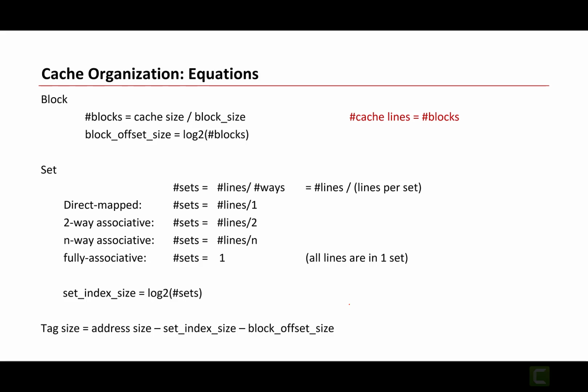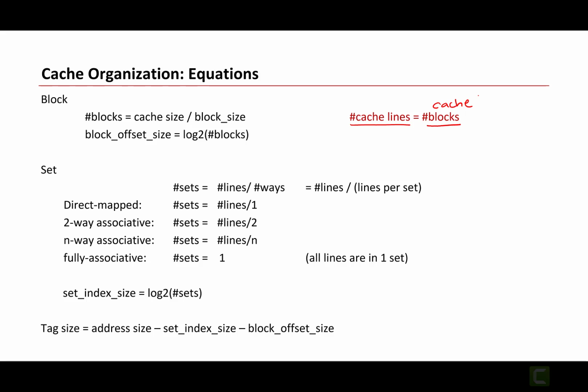So I talked about a few equations in the last lecture. I would like to go through them again because it's quite important and useful when you're looking at cache problems. The first thing is the number of cache lines is the same as the number of cache blocks. These two terms are often used interchangeably, but to me, a cache block refers to the block of data.